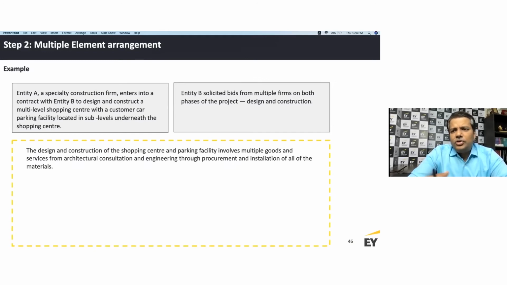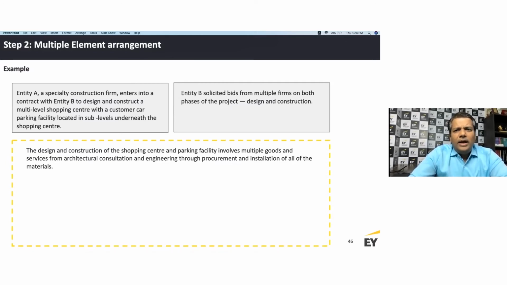You're not asking for a separate bid for design or a separate bid for construction. You're asking for both: give me your quotations or your submission of acceptance of this requirement.